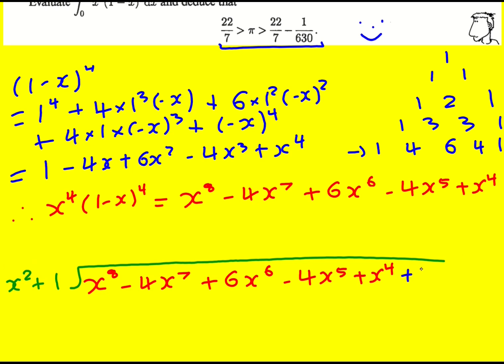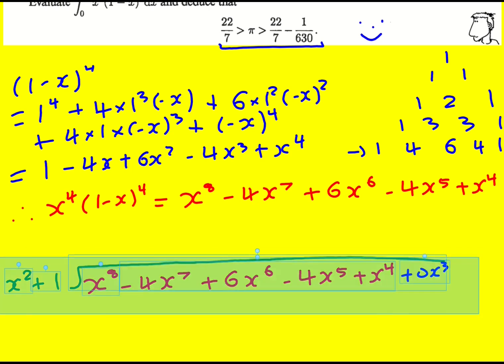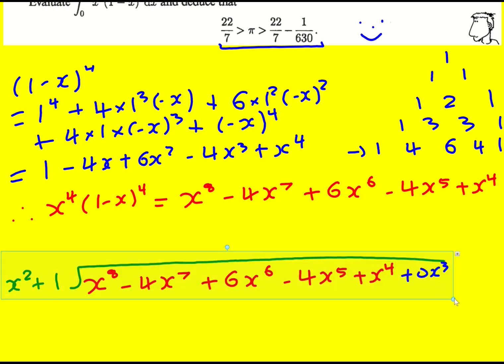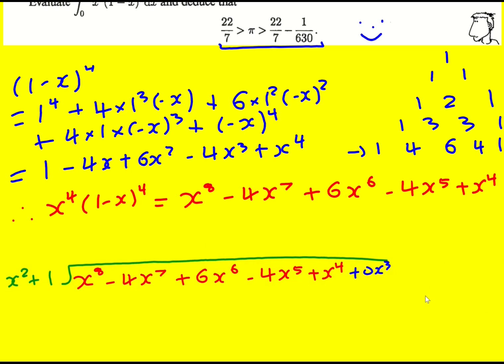So I'll write plus 0x to the 3, plus 0x squared plus 0x plus 0. There we go. Right, here goes then.